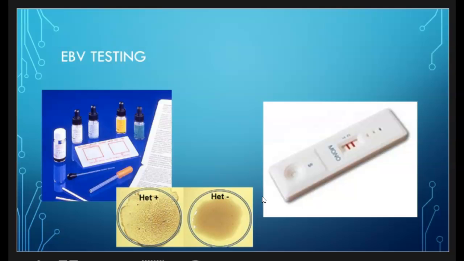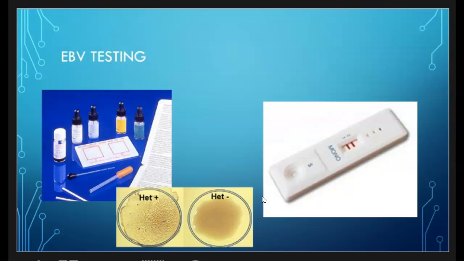So if you have a CMV IgM that's positive and CMV IgG that's negative, that means you have a recent infection. CMV IgM negative and IgG positive means you're recovering from infection. CMV IgM negative and CMV IgG negative means that you were never infected.